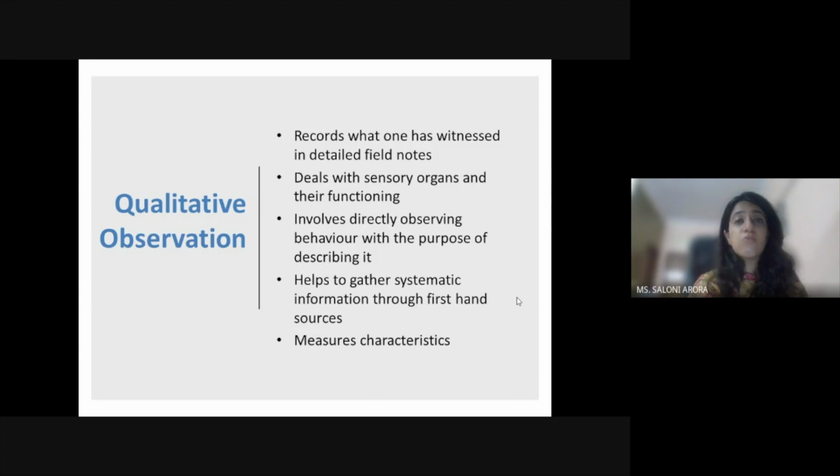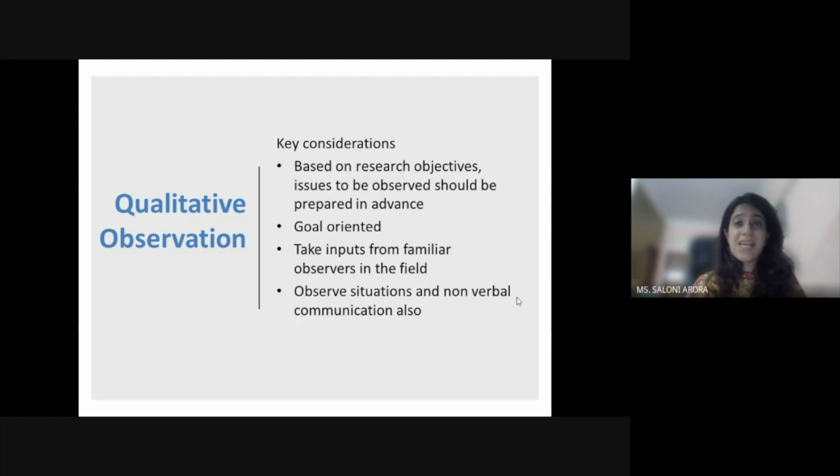So here you measure the characteristics rather than the numbers. So again, when you're there in a group, qualitative observation is important. Here also, there are certain key considerations that you have to keep in mind.